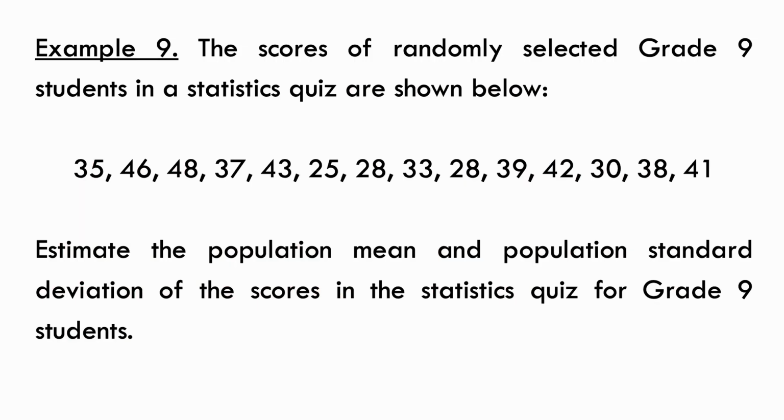The scores of randomly selected grade 9 students in a statistics quiz are shown below. Estimate the population mean and population standard deviation of the scores in the statistics quiz for grade 9 students. Since ang pinapa-estimate is yung population mean at population standard deviation, gagamitin natin yung sample mean and the sample standard deviation.